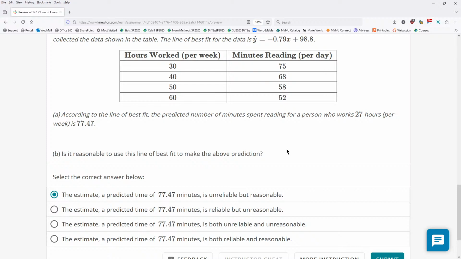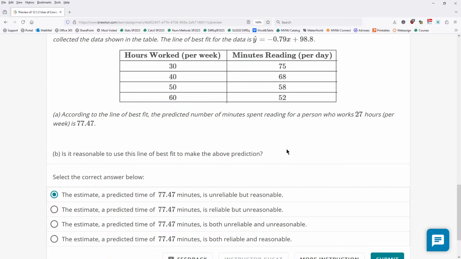Like if your prediction is for a time between 30 and 60, we would say it's reliable because you're interpolating, you're in between your actual data. If you're outside your data like this, it's unreliable.